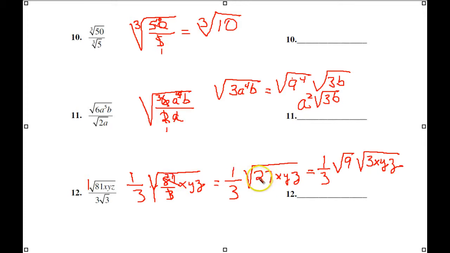Now, there is a perfect square factor in 27, which is 9. Then I'm left with 3 xyz. So, can you see that this comes out as a 3? The square root of 9 is 3. These 3's then cancel. So there's our final answer for number 12. Again, it is a little bit tedious. I would have done some of this mentally, but I wanted you to see how it was done.